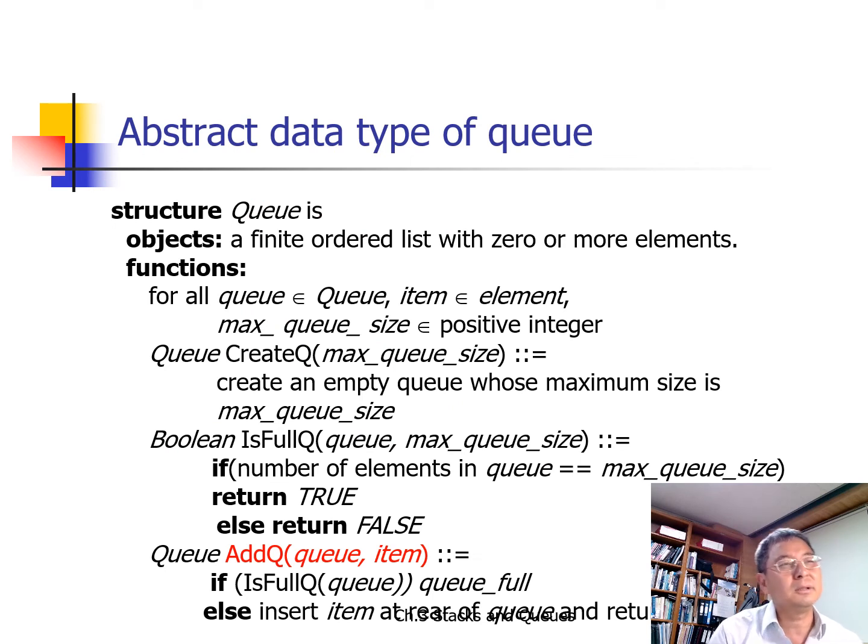So the abstract data type of queue can be defined as also a finite ordered list with 0 or more elements.